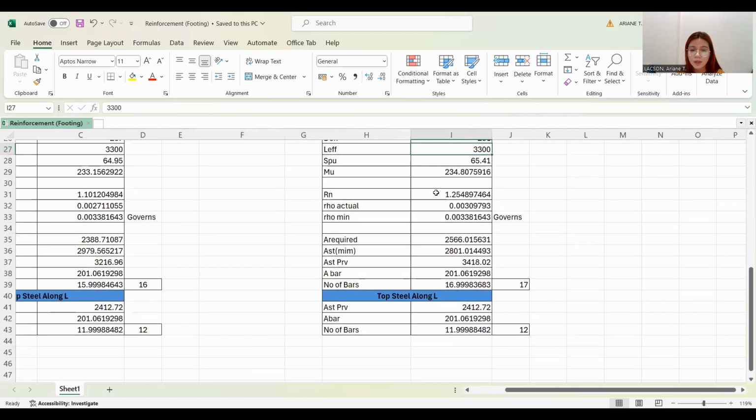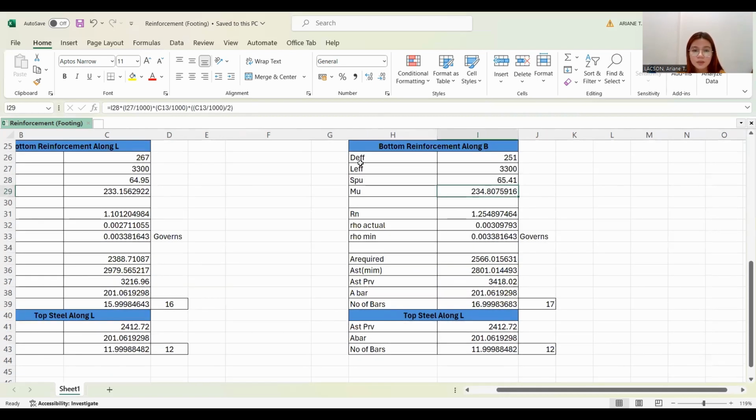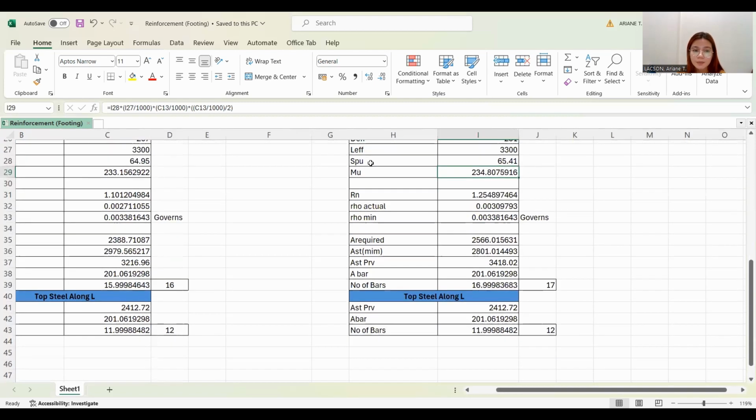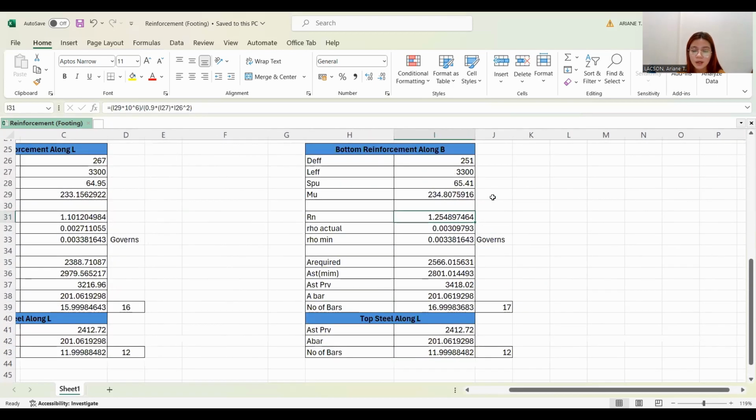So we also have here the Mu. The Mu was also calculated here using the soil pressure times effective length times effective depth. Then we also have here the Rn, which is calculated also by Mu over phi b d squared. We have the rho actual and the rho min.